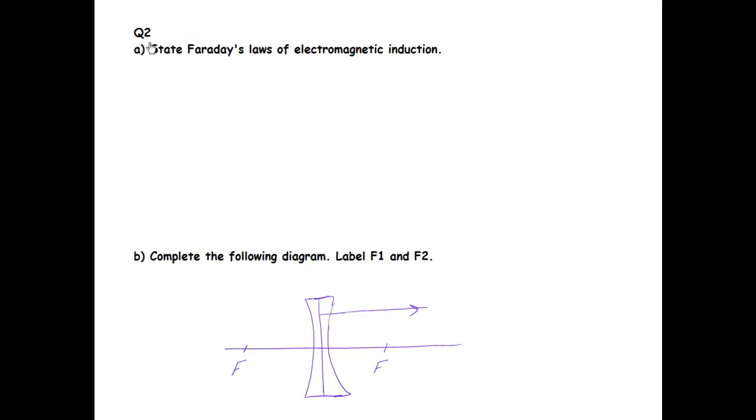Now let's look at question number 2a. State Faraday's laws of electromagnetic induction. Now, there are two Faraday's laws. The first one states that whenever magnetic flux linked with a coil changes, an EMF is induced in the coil.